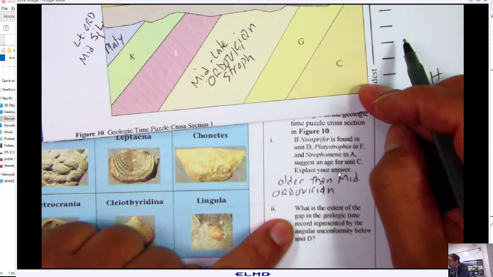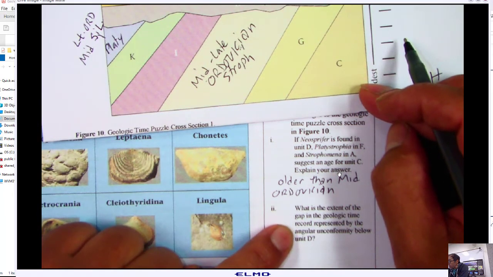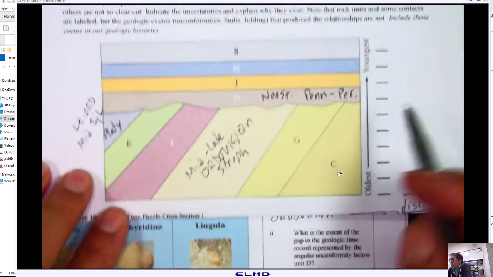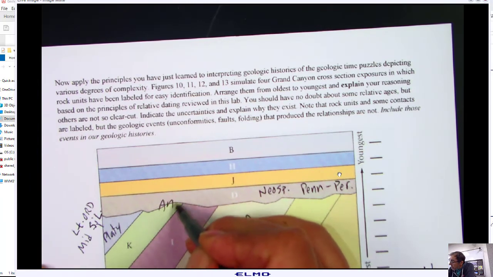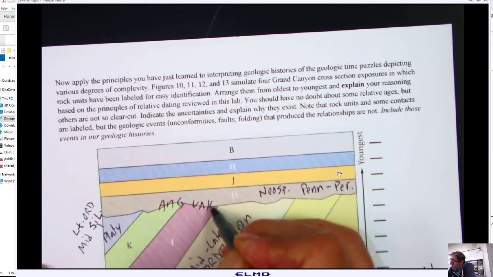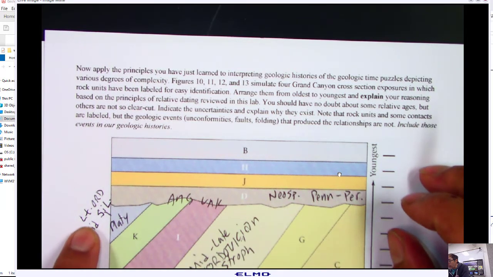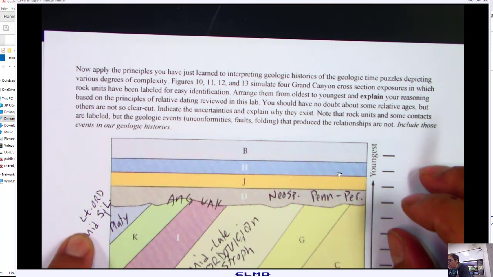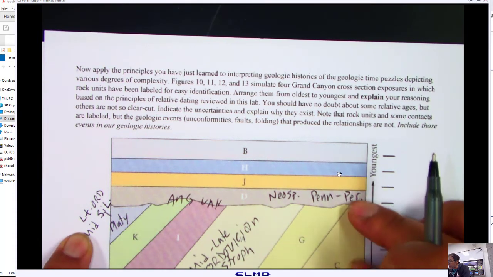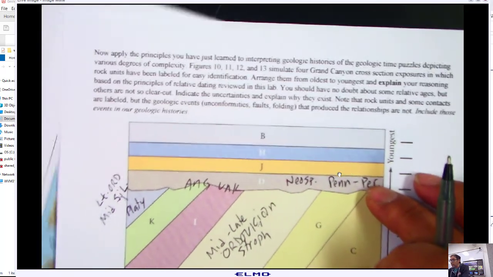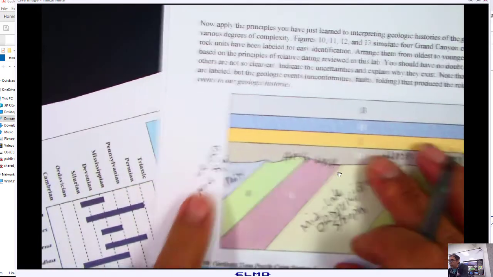So what is the extent of the gap in geologic time record represented by the angular unconformity below unit D? So here we have the angular unconformity, right? So there's the angular unconformity. So we know this guy is late Ordovician to mid Silurian, right? And then this is Pennsylvanian Permian. So what are we missing? This ends Ordovician.